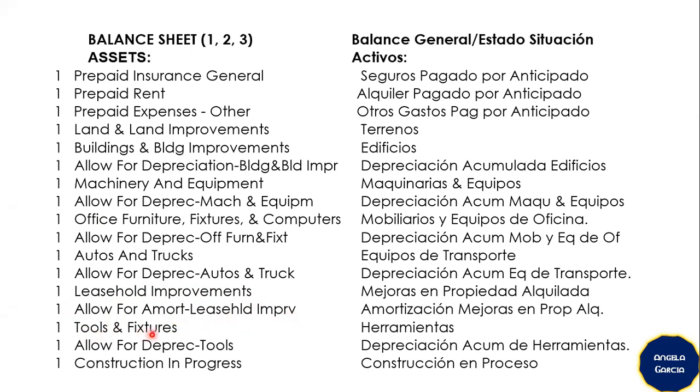Another fixed assets account is tools and fixtures. This is like the small tools, like a hammer and things like that. We also have an allowance for depreciation for tools. The other fixed assets account is construction in progress.